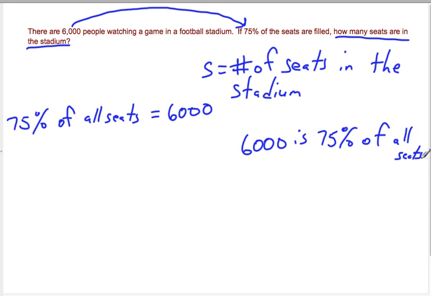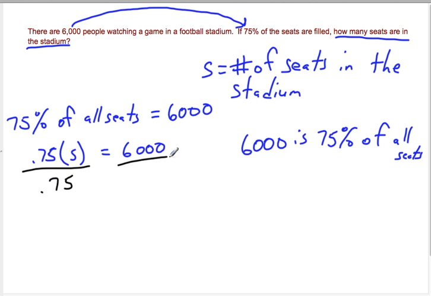Either way, we can make our equation based off either one of these two statements. So I'll do it with this one here. 0.75, that of means multiplication. All the seats is S, we just decided that earlier, equals 6,000. We're going to do our long division here, dividing both sides by 0.75 so that we can get our S isolated.